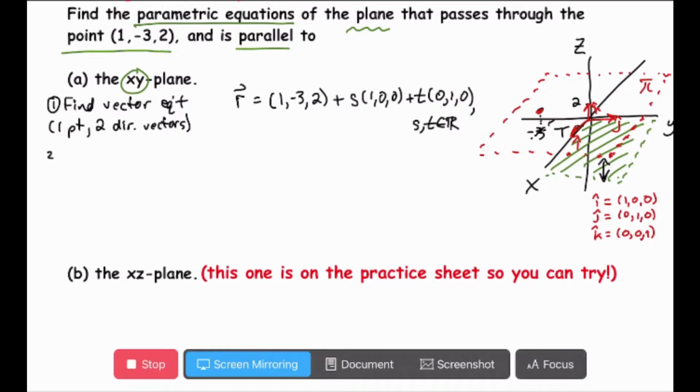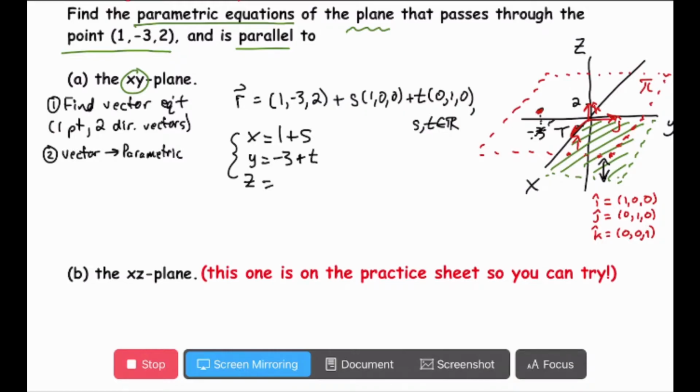Next, we're going to convert to parametric, so vector equation to my parametric equations. So I'm going to have x, y, z. x is equal to 1 plus s plus 0t, so I don't need to write it. y equals -3 plus 0s plus 1t.